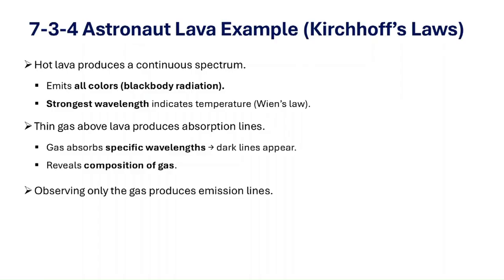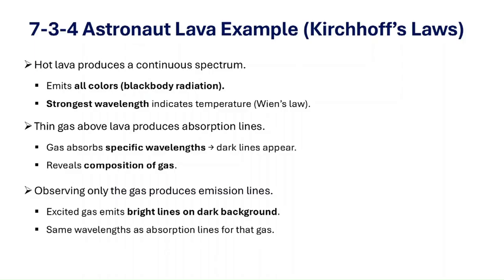And finally, if the astronaut blocks out the lava and looks only at the glowing gas itself, Kirchhoff's third law applies. So now the gas doesn't give a full rainbow. It only emits bright lines on a dark background. And that's the atom's unique fingerprint, no matter how you look at it.